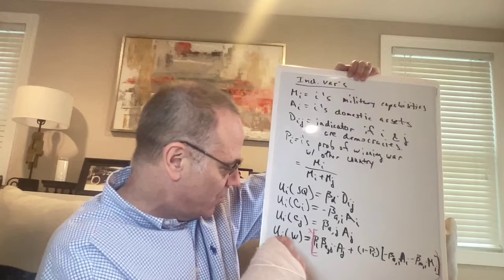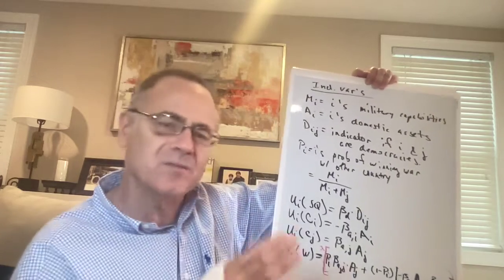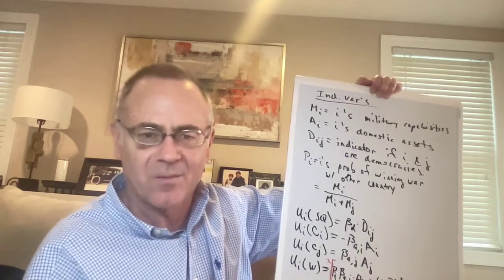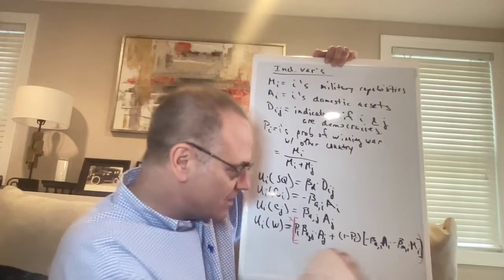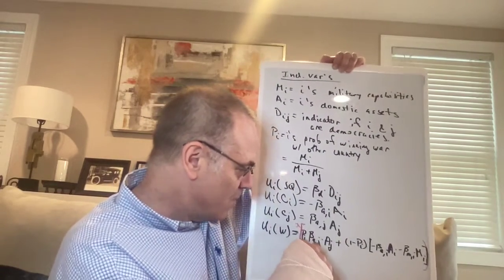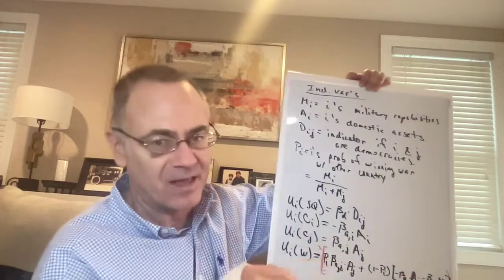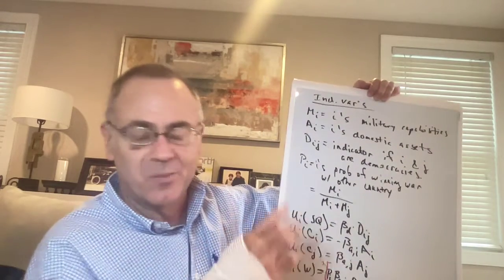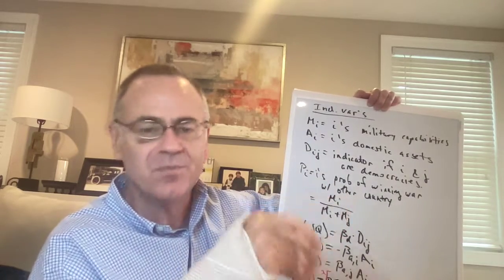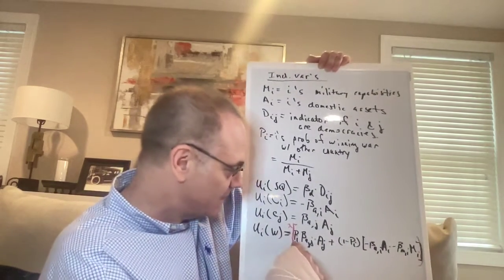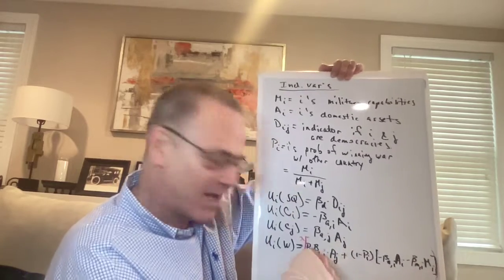So instead of using ui W1, ui W2, he assumes that war is the same outcome, no matter who starts it. So ui war is this term. Remember, the Ps just come from the M's. P1 is M1 divided by M1 plus M2. Okay, so we've got the Ps, that's data, the A's, we've got everything.